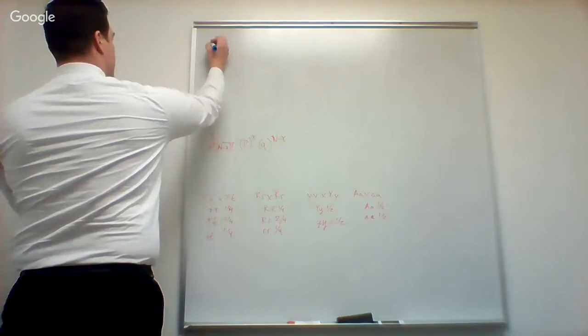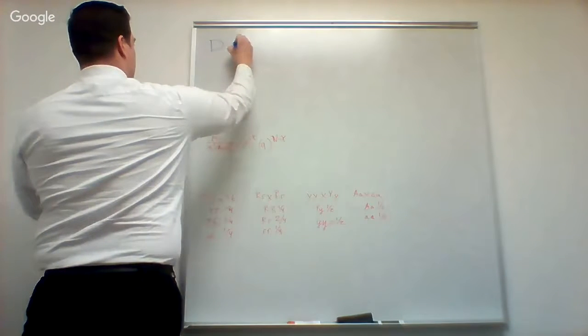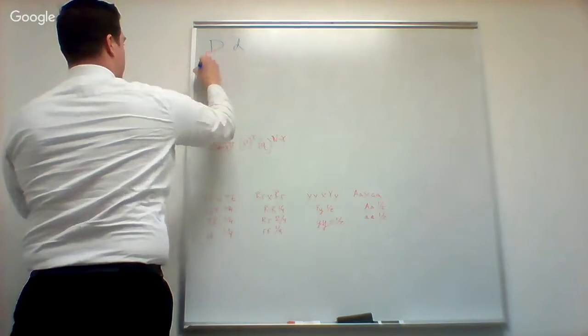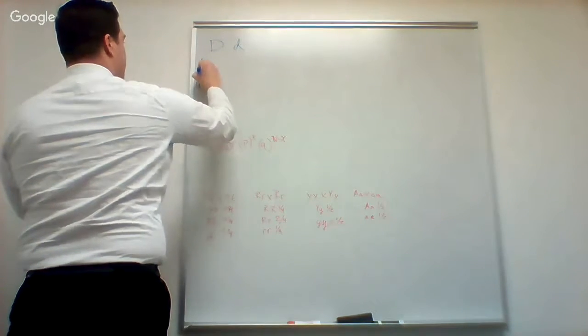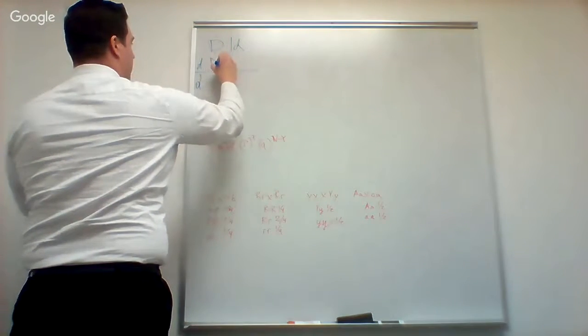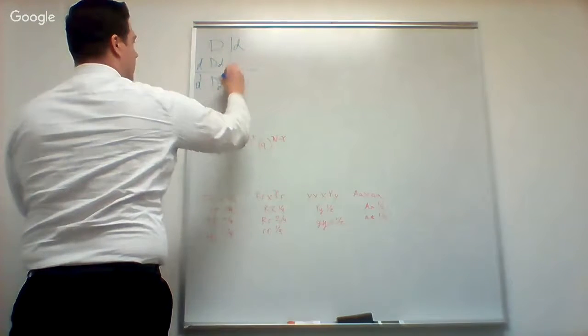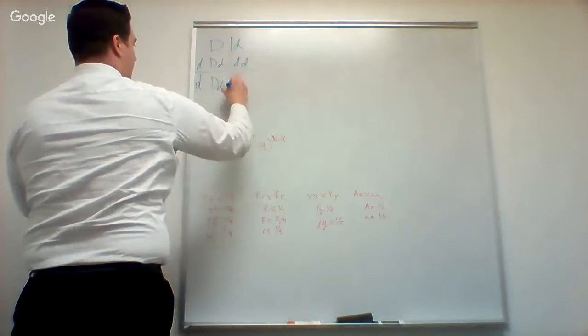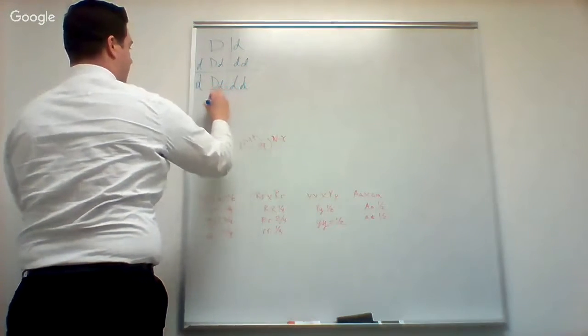This is the cross that was made, big D, little d, and little d, little d. And so that would put you at this, which would mean that half have Huntington's disease and half don't.